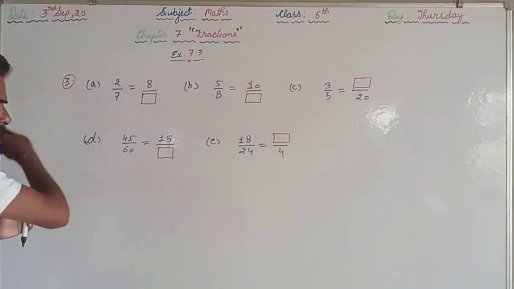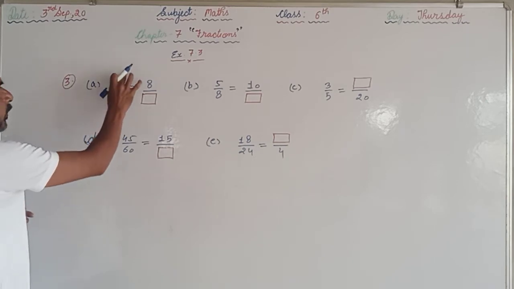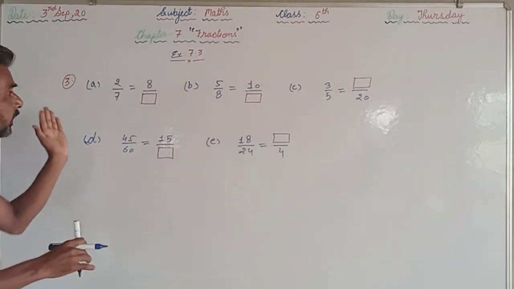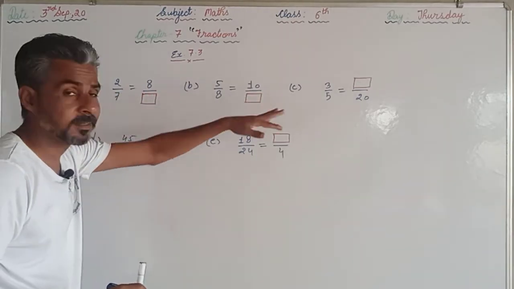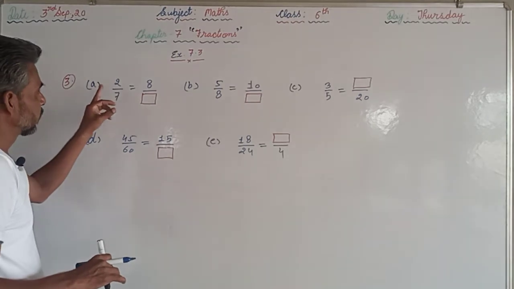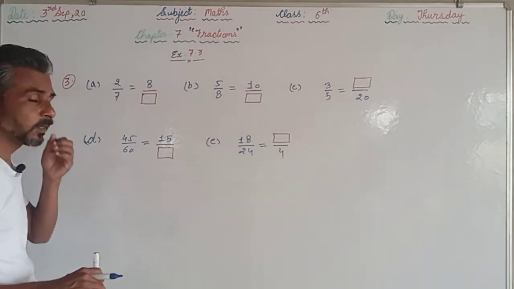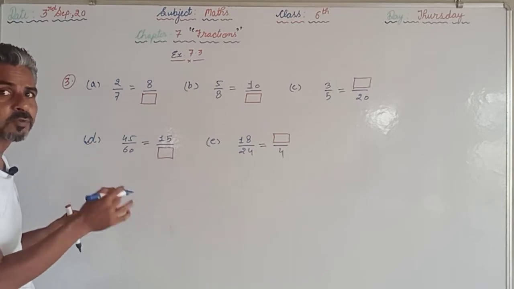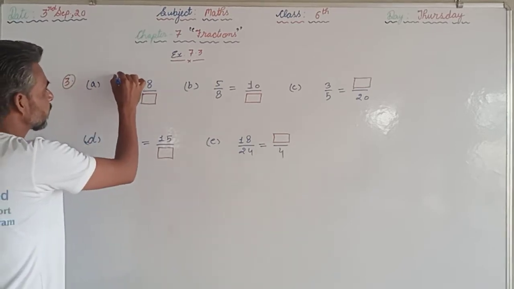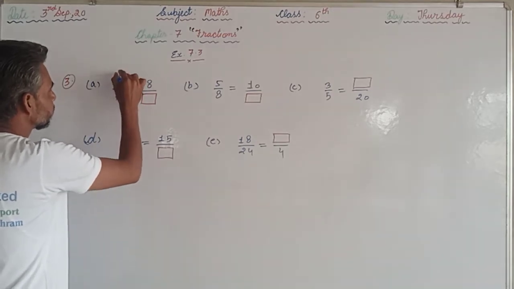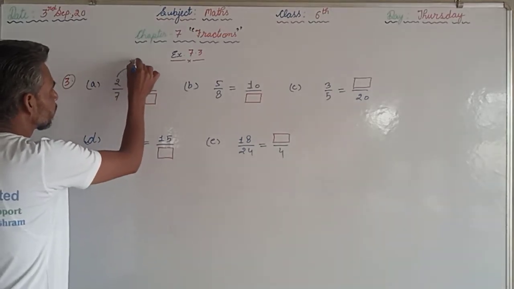So we will start with the first one, from 2 the next the numerator of the equivalent fraction, because the equal to sign is there in between. So these are the equivalent fractions. We should see by which number we should multiply 2 to get 8. 2 ones are 2, 2 twos are 4, 2 threes are 6, 2 fours are 8, means we are multiplying here by 4.